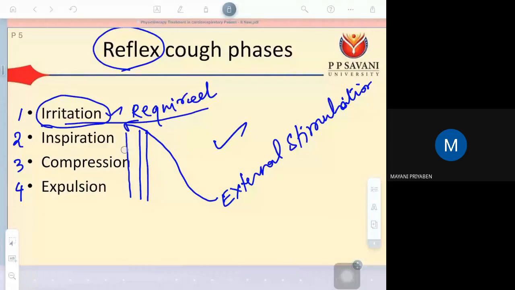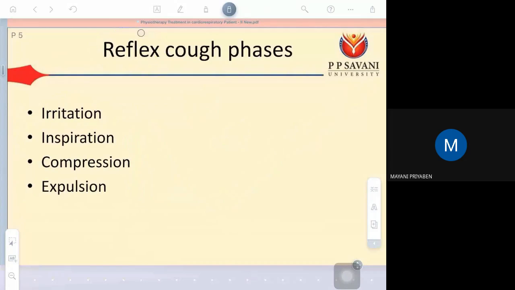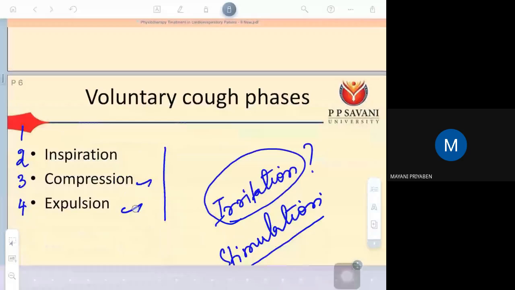Clear? So this is the difference between voluntary cough and involuntary, or reflex, cough. Are you clear?